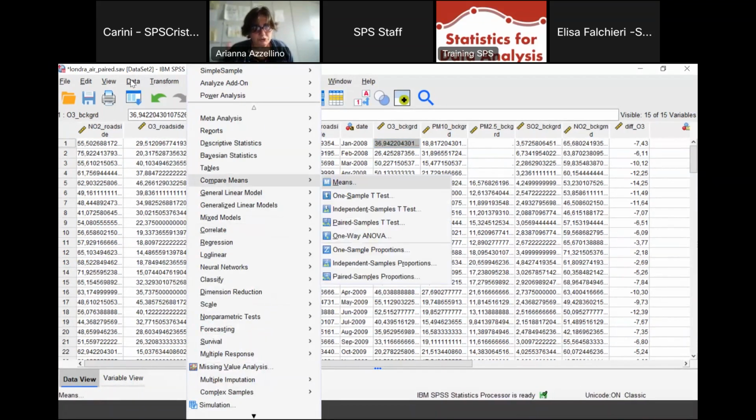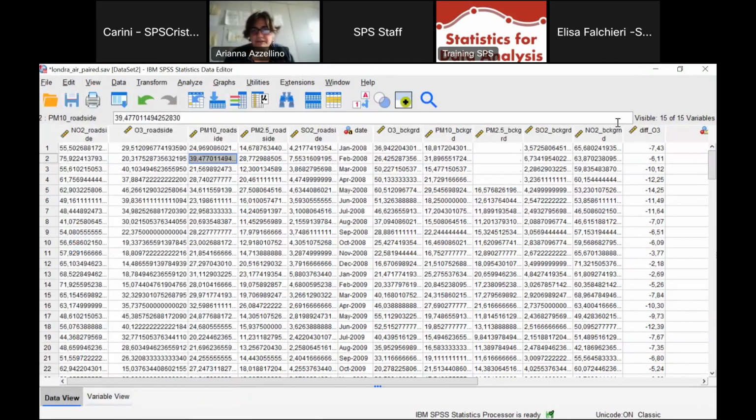I just want to show you the difference also in the setting of the test, which is needed if we follow the parametric approach. We are still in the case of comparing means, even though, as I will explain, the mean I will be comparing here is not the two separate sample means belonging to the background or the roadside, but the difference between the values.